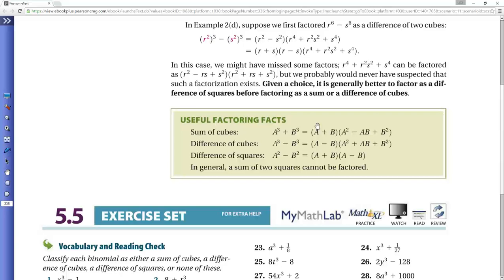A lot of times we're doing things and they're pointing out patterns because this is coming in the future, that we're going to need these patterns and be familiar with these patterns to be able to say, hey, I can factor this way. So remember what you're doing here, and we had already had difference of squares, but they give it again.